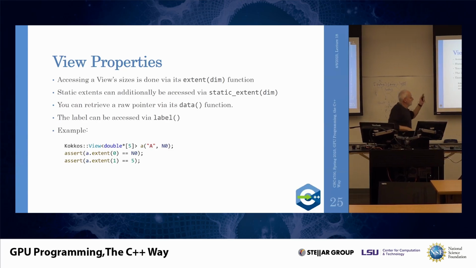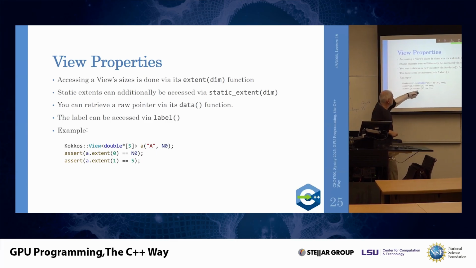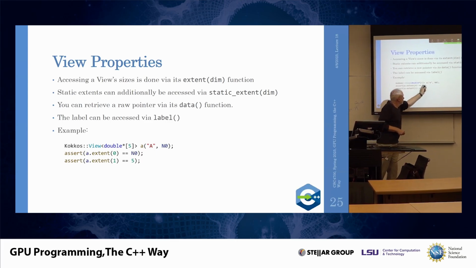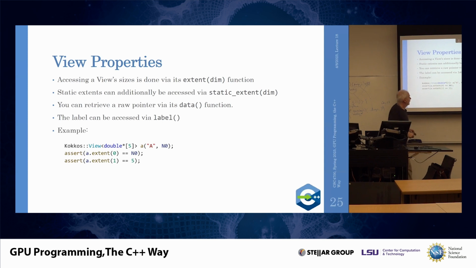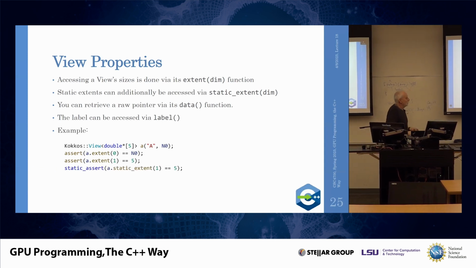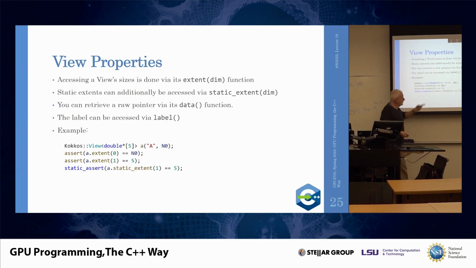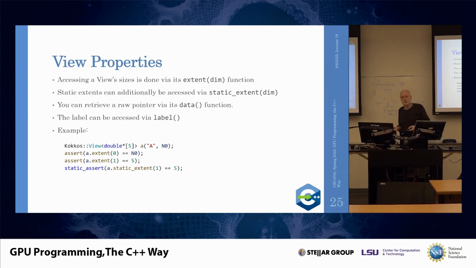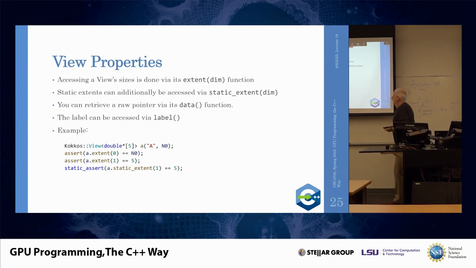So just as an example, you have a view, you can ask it for its dimensions, and it will give you the dimensions you defined. So the runtime dimension will be n0, and the compile time dimension will be 5. If you want to look at the compile time dimensions only, you can do that. And as you can see, this is a compile time constant, so you can do that evaluation at compile time.